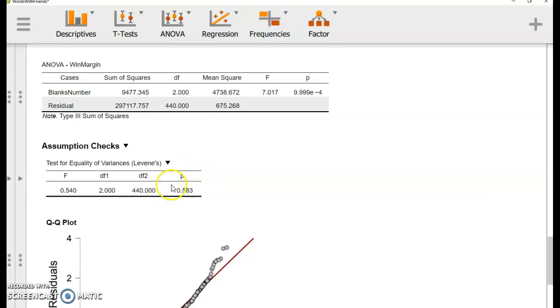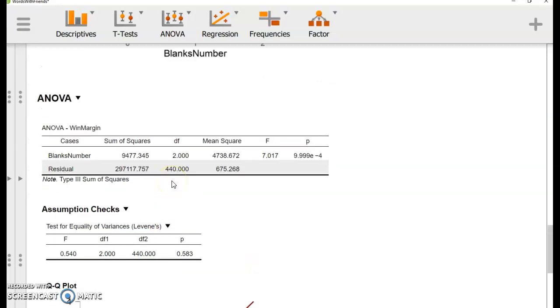So here we're well above 0.05, so we don't have real cause to believe that the variances are not equal. So we're going to say we meet that assumption. As for the other assumptions, we can't really check them with visuals. It's more in the design of the experiment. So for this case, we're going to trust that those worked out.